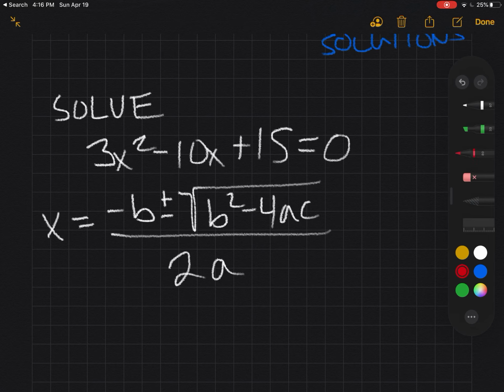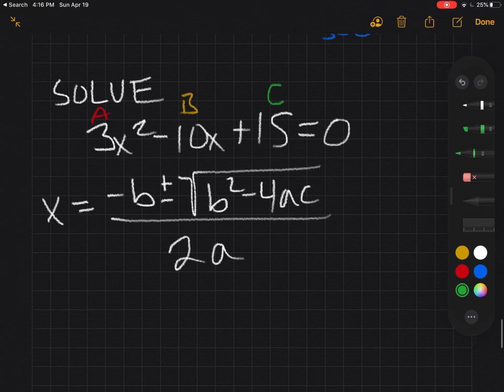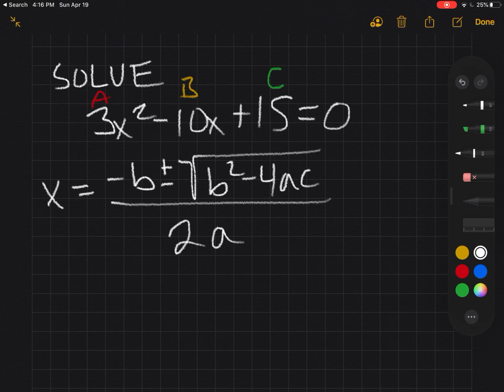We're going to use our quadratic formula. x is equal to negative b plus or minus the square root of b squared minus 4ac all over 2a. In our fourth example, we actually calculated the b squared minus 4ac part already, and we found that was negative 80. But we're going to walk through the whole thing.